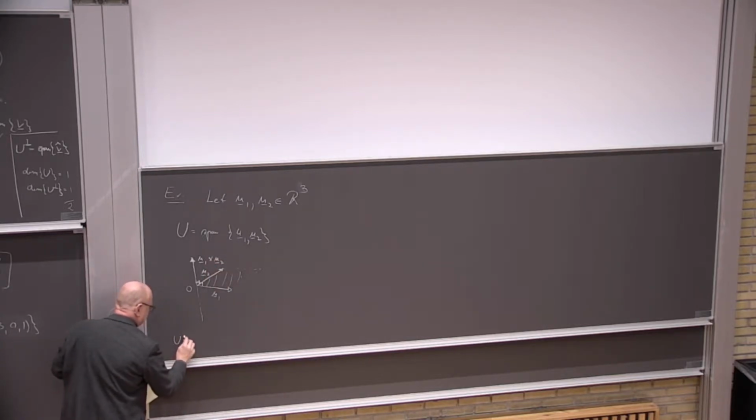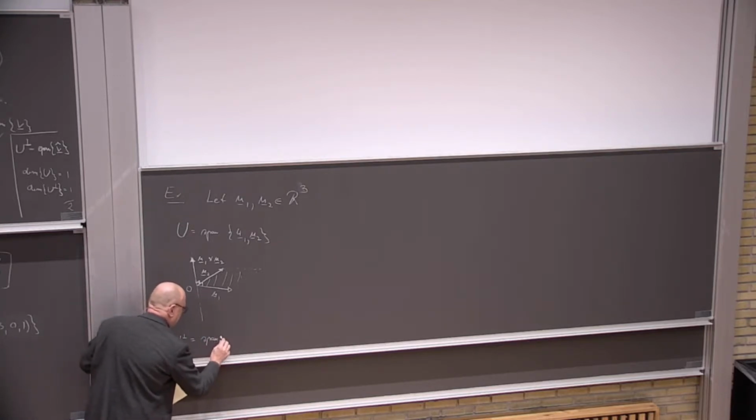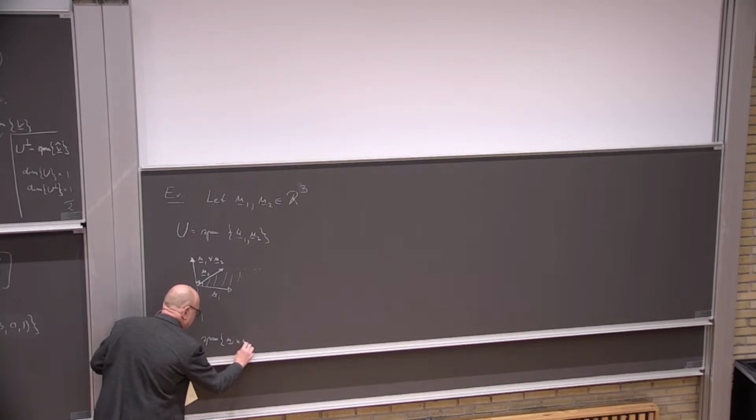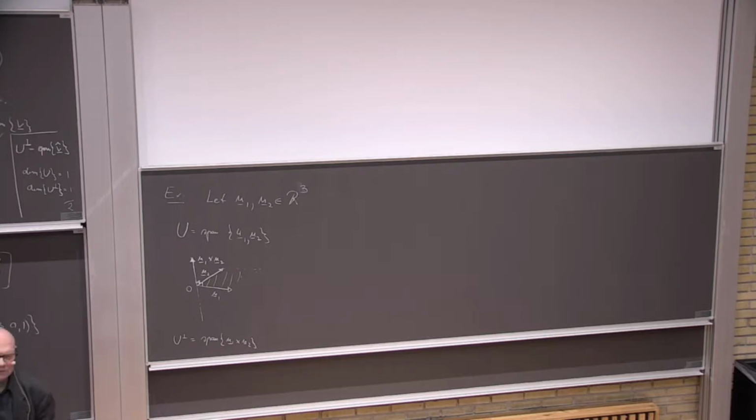So in this case, you simply have that the orthogonal complement is the span of u1 cross u2. This was the easy part. What happens if the dimension is larger than 3? This is what I'm going to tell you now.